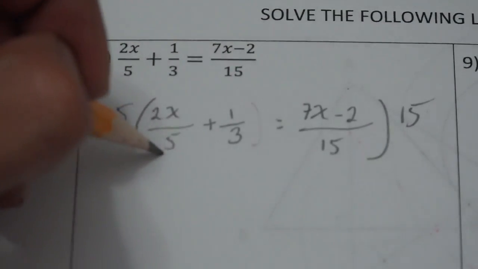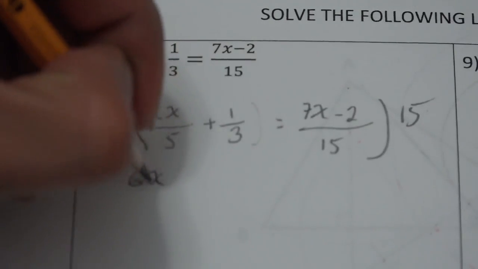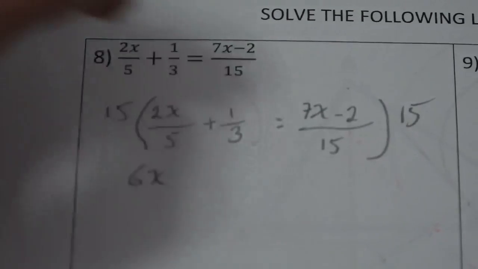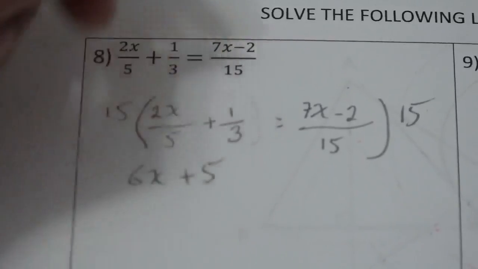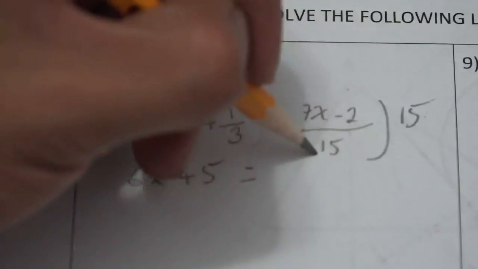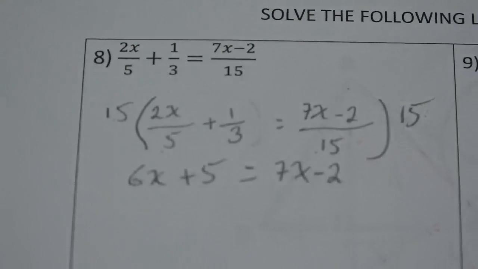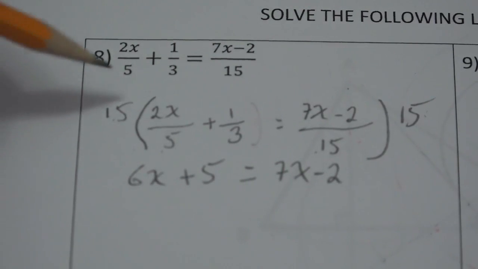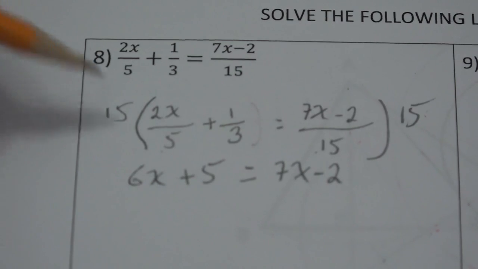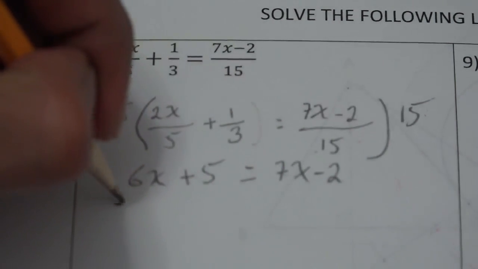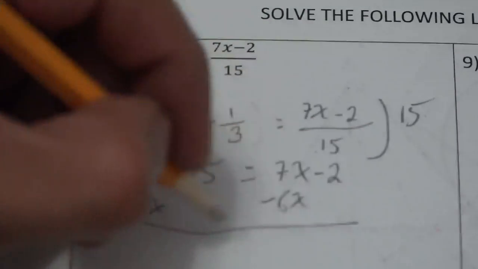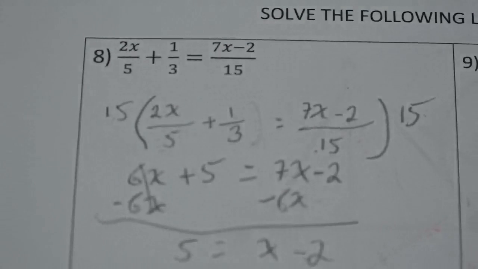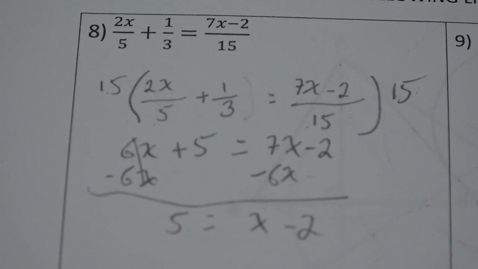So 15 divided by 5 is 3, times 2x is 6x. 15 divided by 3 is 5, times 1 is 5. 15 divided by 15 is 1, so then the top remains the same. Now, so fractions, like terms, variables on both sides, yes, so I'm going to get rid of the lesser one. I'm not going to do any more than that.